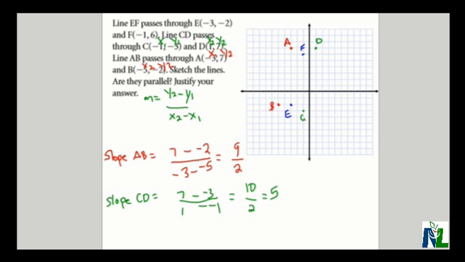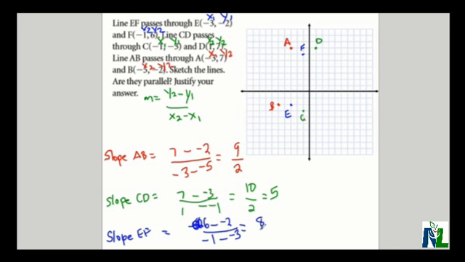The last line, EF, I'm going to use the slope formula again. The slope of EF, I'm going to call E x1, y1, and F x2, y2. Using the slope formula, that will be negative 6 subtract negative 2 over negative 1 subtract negative 3.